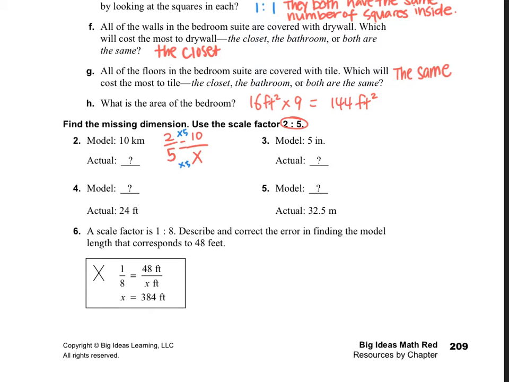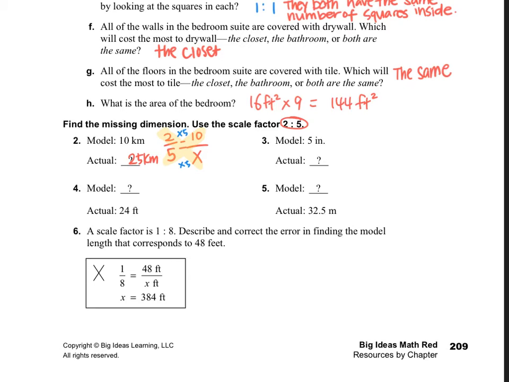So I'm going to multiply 5 times 5, which will give me 25 kilometers. If you choose to do the cross multiplication, you can also do that. It's going to be 5 times 10 equals 2x. So 2x equals 50. X is going to be then 25 kilometers.